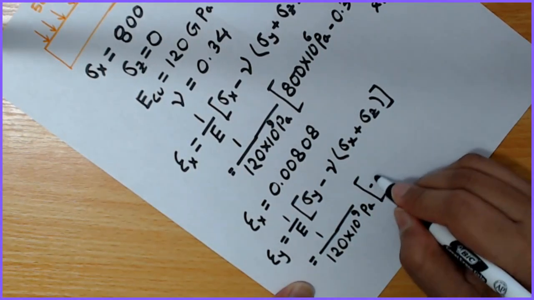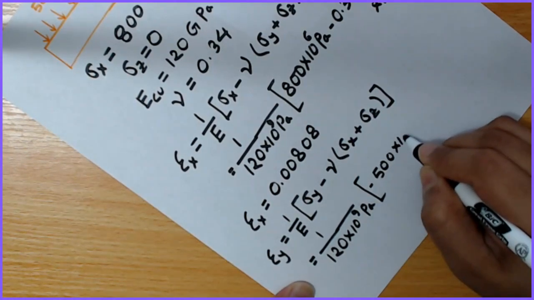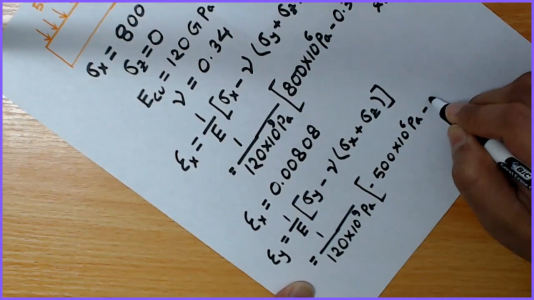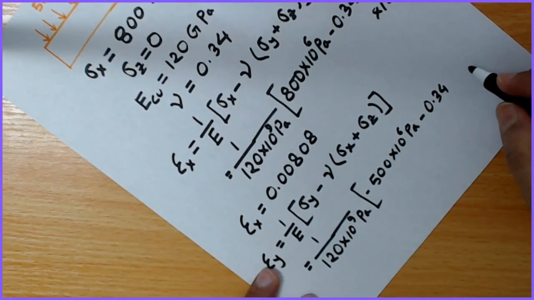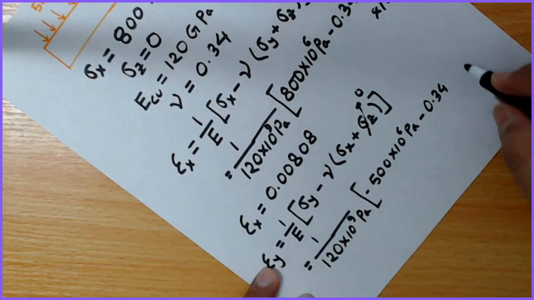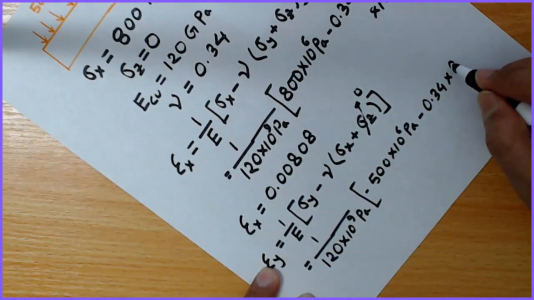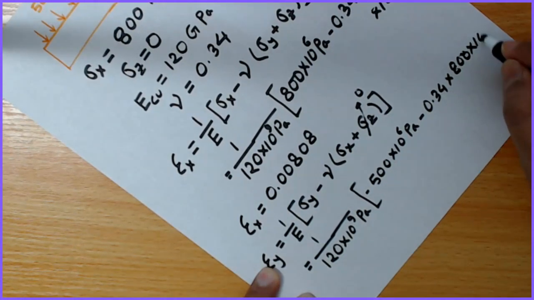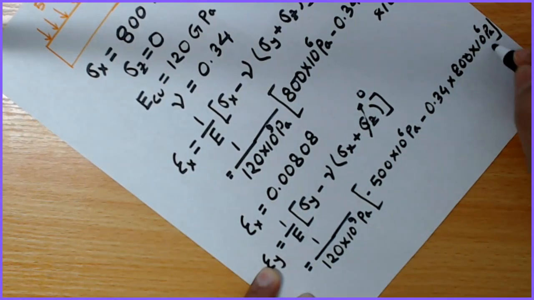Sigma y is minus 500 megapascal, 10 to the 6 Pascal, minus 0.34, and sigma x is 800 megapascal and sigma z is equal to, as we know, 0, so equal to 800 into 10 to the power 6 Pascal.